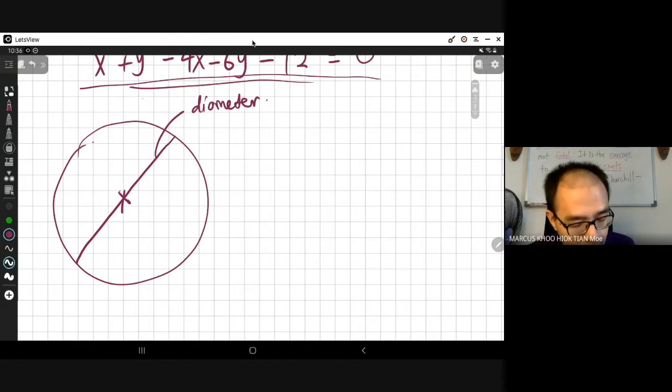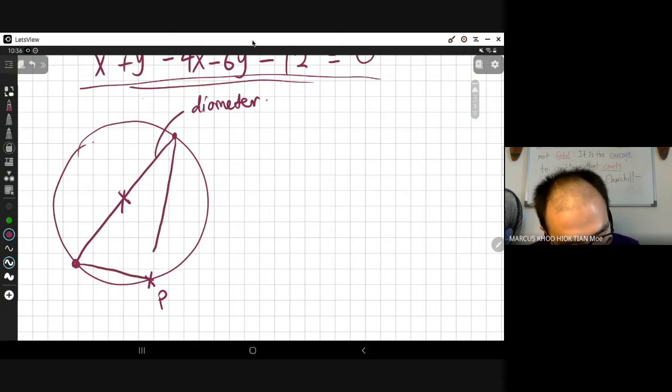Now let's say I have a point over here, point P. If I join the two ends of the diameter towards P, it's always going to form a 90-degree angle.